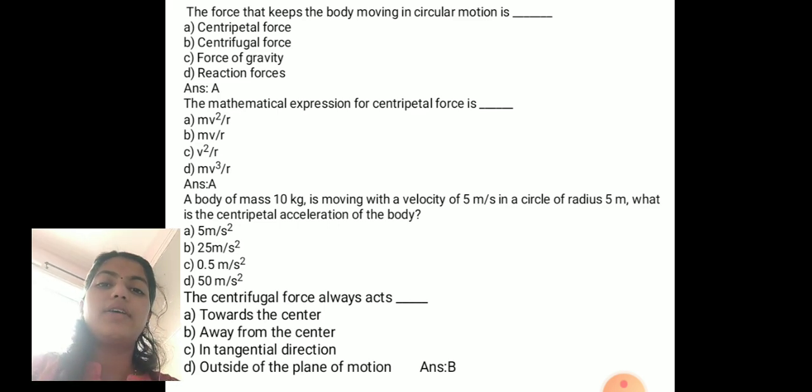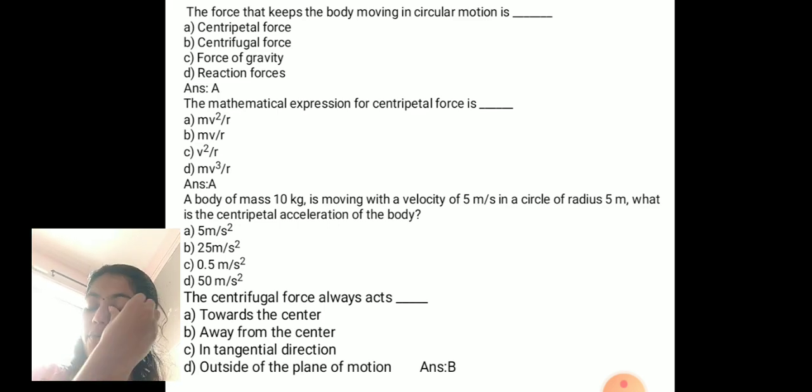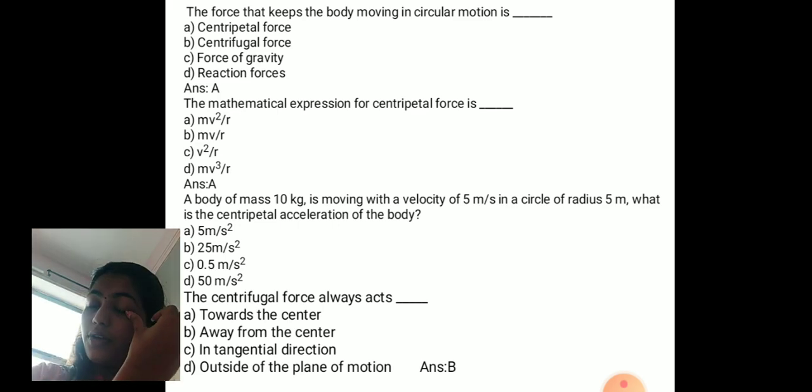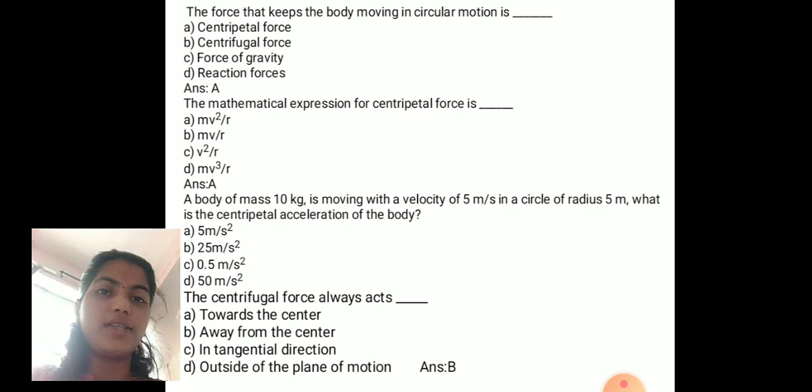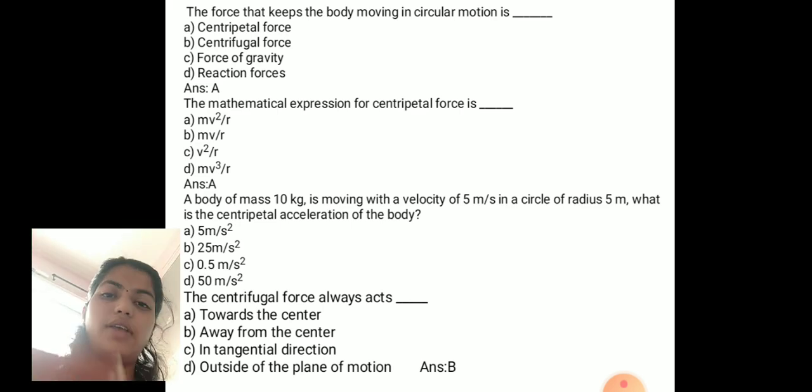Here Newton's second law is F is equal to ma, where m is mass and v square is related to acceleration. The derivative of the velocity is known as the acceleration. Then v square by r is the acceleration, and m v square divided by r is the centripetal force's mathematical equation.